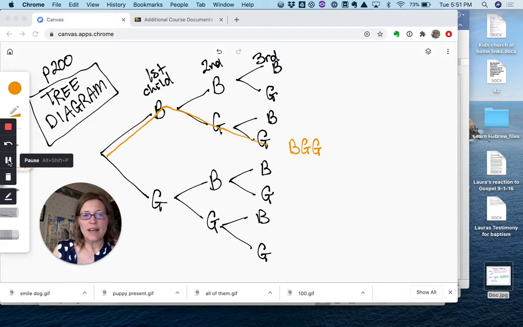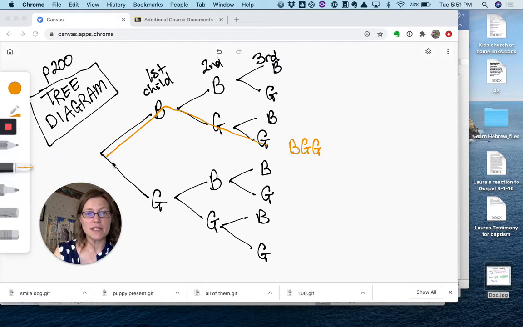So now that we have our chart filled in, we can go through and see all the potential outcomes. Each branch of the tree represents a different outcome. They could be 3 boys, 2 boys and a girl. I've mapped out just one example, boy, girl, girl, and I believe they already have that for you in the book.